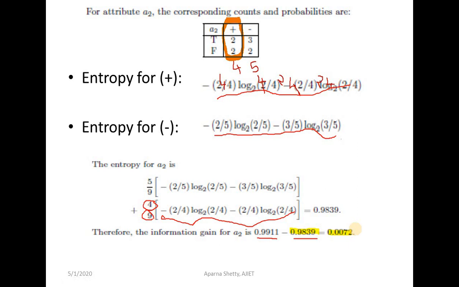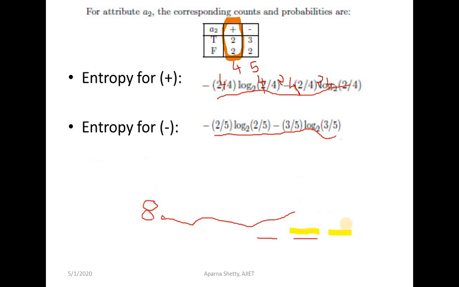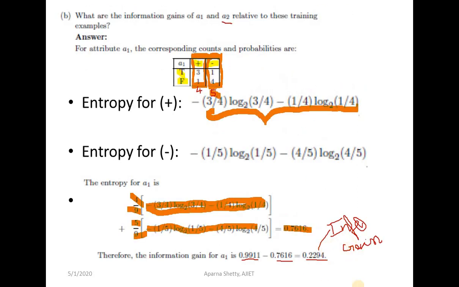So we have calculated the information gain for both A1 and A2, and we have seen that for A1 the gain is more. So the information gain for attribute A1 is more.